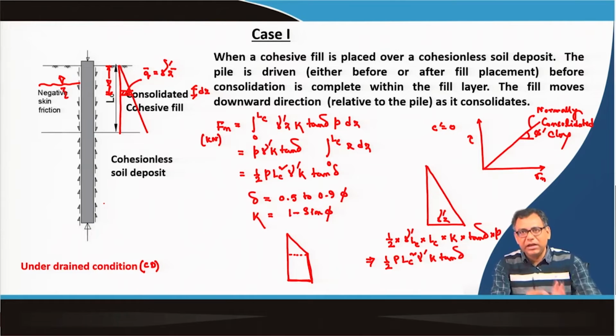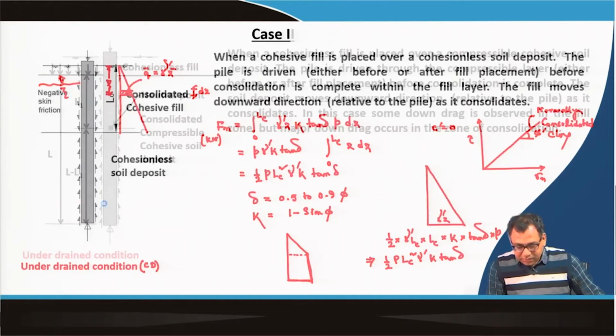It will give the positive effect as before the placement of the fill, but once the fill is placed, only the fill portion gives the negative skin friction, and the cohesionless soil gives the positive skin friction, which increases as the overburden pressure increases.